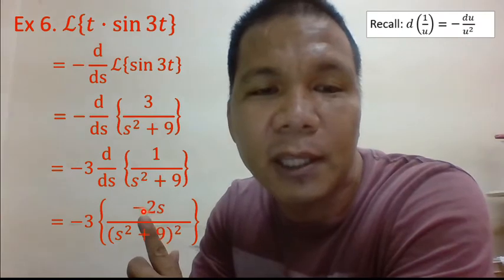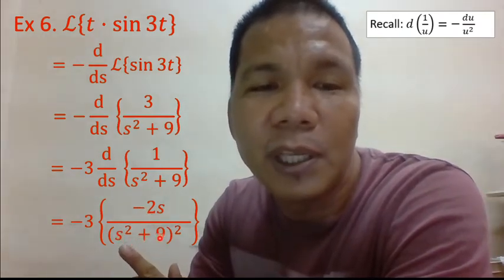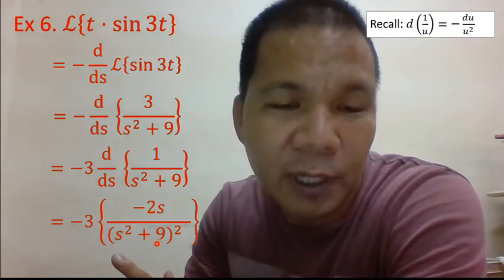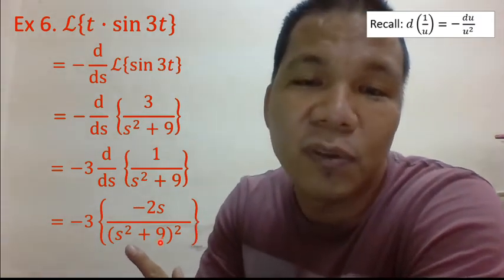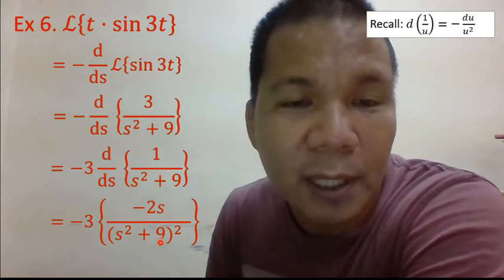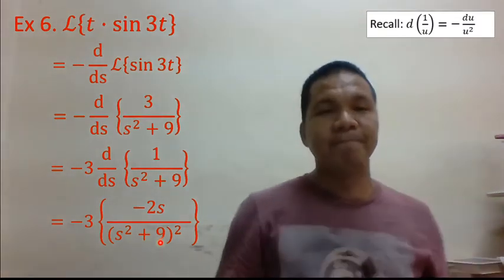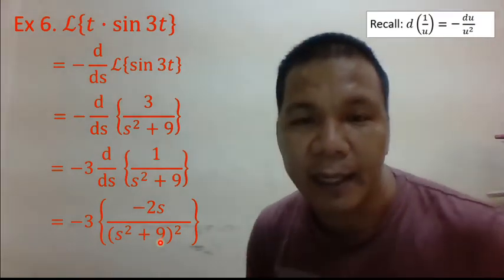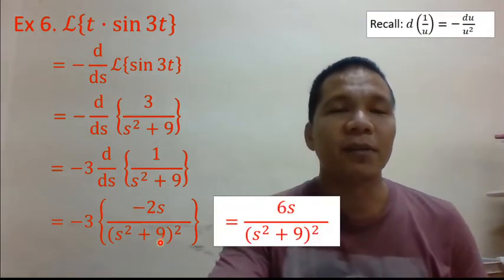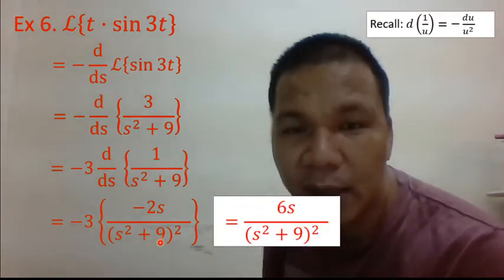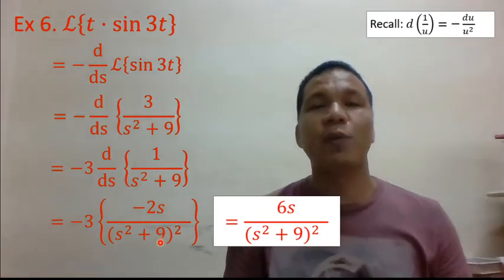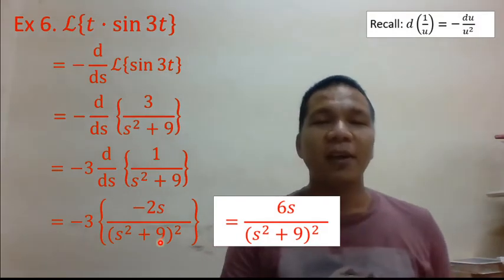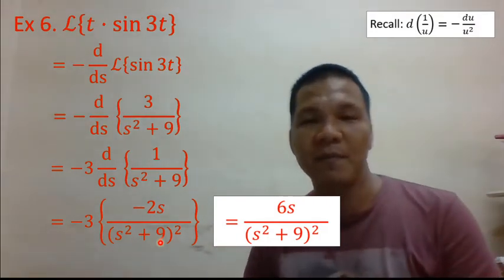Multiply that by negative, all over u squared. Take note, you are going to square the denominator, as indicated by the derivative of the quotient. Next is to simplify your answer. So your answer would be 6s all over s squared plus 9 quantity squared, as indicated by the answer in front of me.